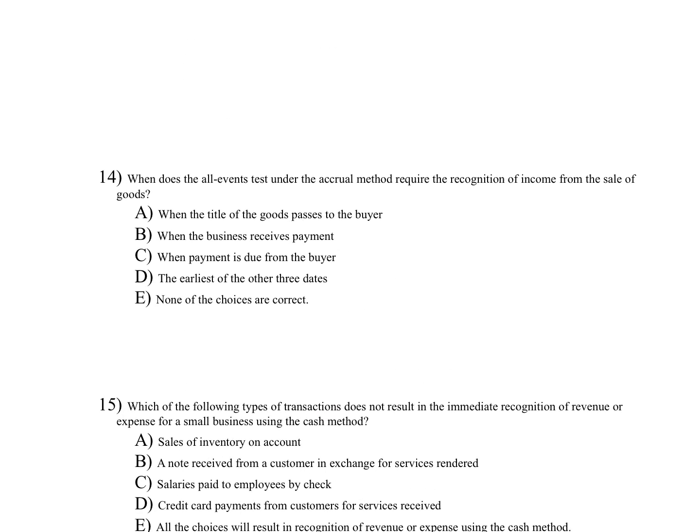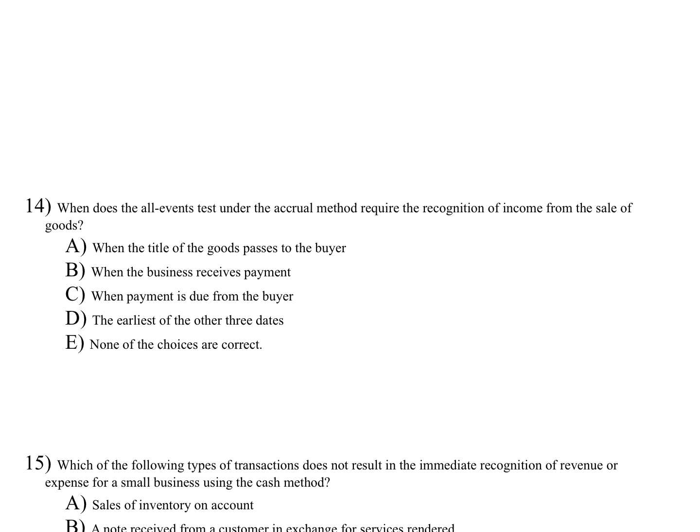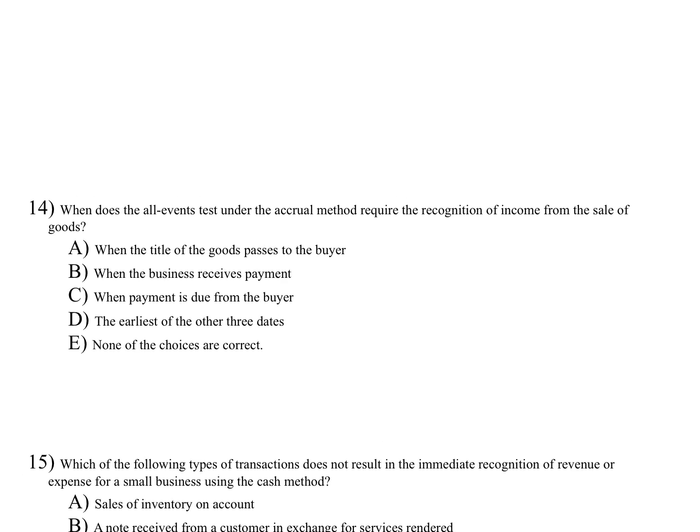So now we do number 14. Okay, so we talked about the all events test for services. This is the all events test under the accrual method for sale of goods. Okay, so when does the all events test under the accrual method require the recognition of income from the sale of goods? Okay, and we've got some options.